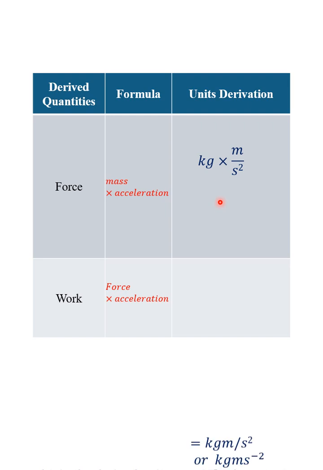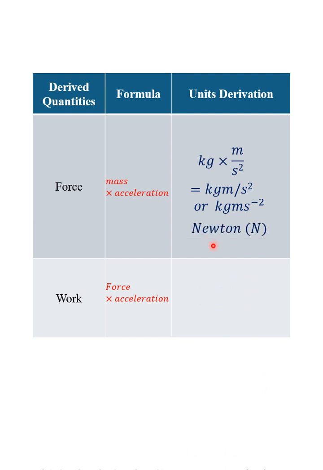We can write this in a better form as kilogram meter per second square, or in index notation as kilogram meter second to the power minus 2, where the second square is written in an index notation s raised to power minus 2. Force also has a single unit of representation, and that unit is known as Newton, represented as capital letter N. Newton is the single unit of force.